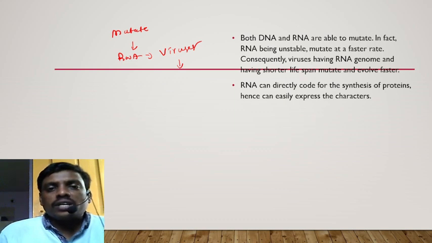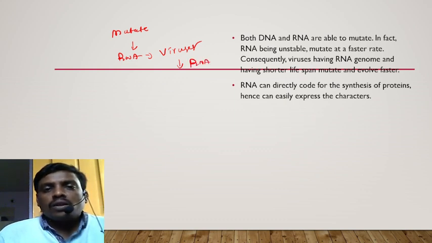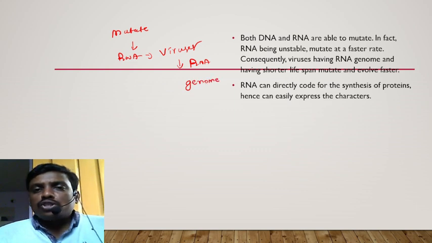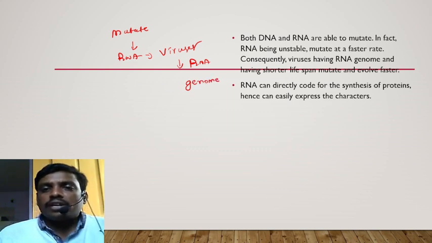Consequently, viruses having RNA as a genetic material or genome have a shorter lifespan, and mutate and evolve faster. RNA can directly code for the synthesis of proteins.